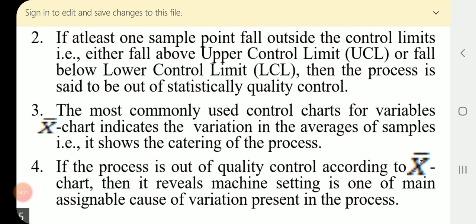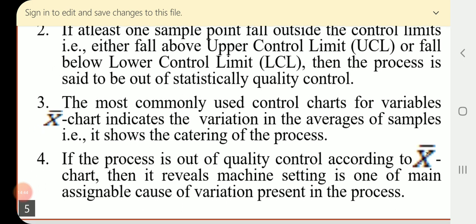What is meant by scattering? You see, we are calculating means for different samples. For example, if 10 samples are considered, we have to calculate the sample mean for all 10 samples: the first sample mean, second sample mean, third sample mean, etc.